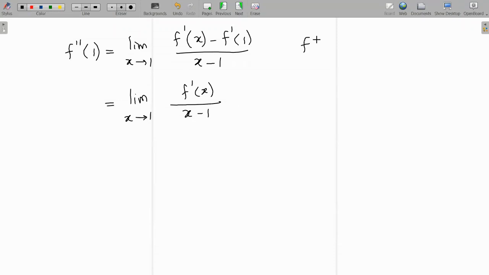But I know this: if I call this xn, I know f of xn is 1. Will this give us some information about f dash at some points at least?